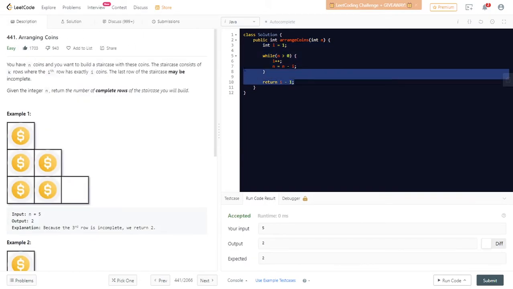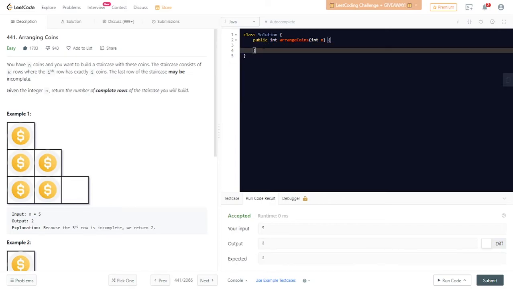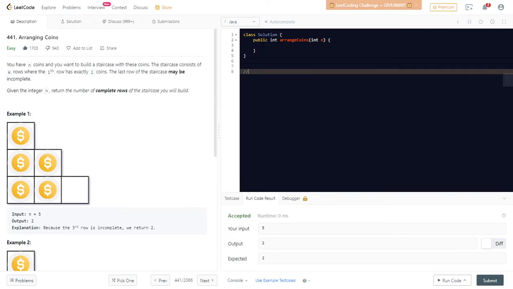So now let's run the binary search on this method. For binary search, let's first write the formula. This problem is actually about finding the formula for the running sum. We can fill rows like this: 1 plus 2 plus 3 plus 4 plus ... plus x, where the sum is less than or equal to n. n is the number of coins we are given.